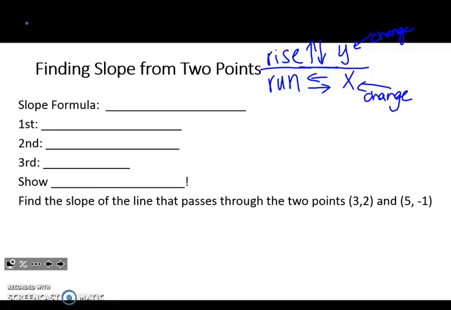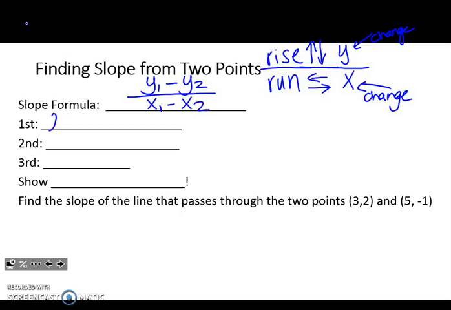And there's a slope formula that we use. So we are going to follow the formula y1 minus y2, because minus means change, over x1 minus x2. So it's the difference in y values over the difference in x values.